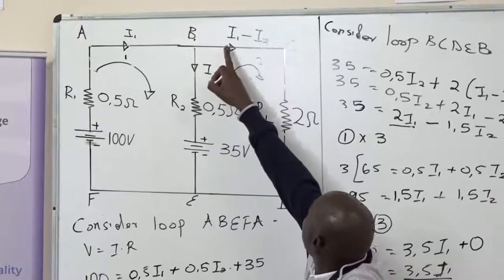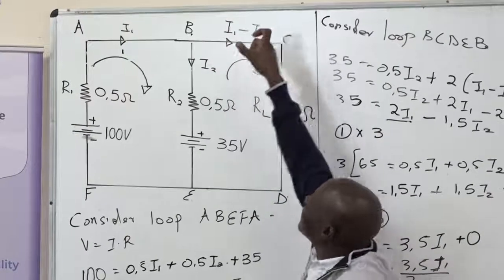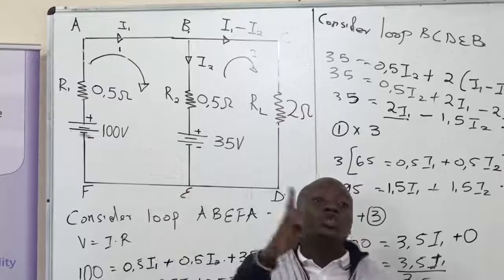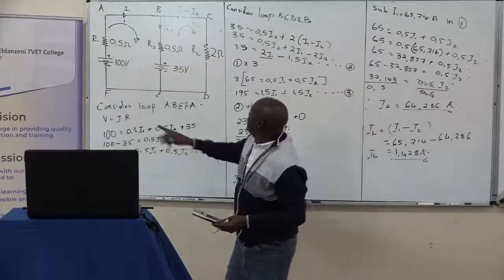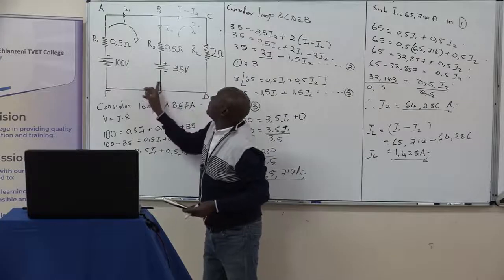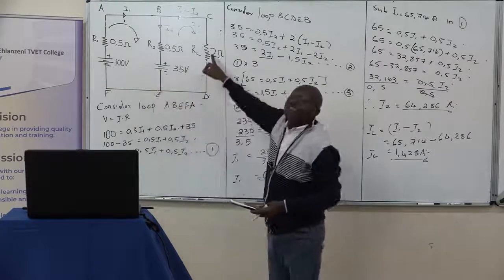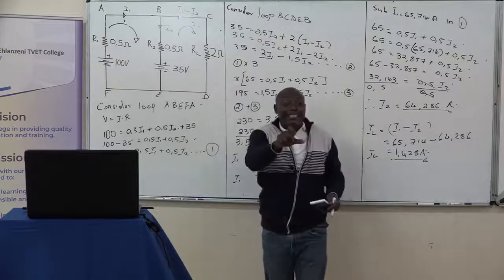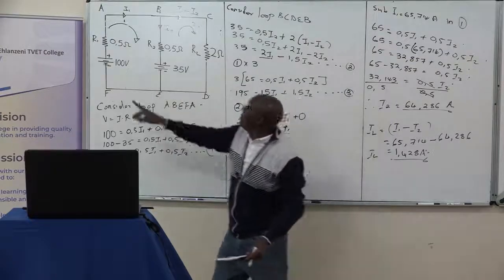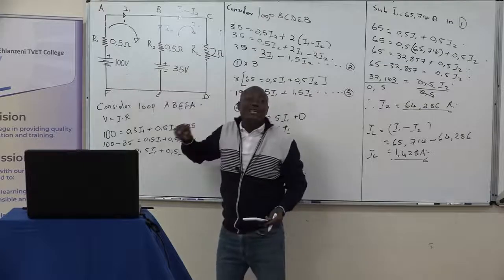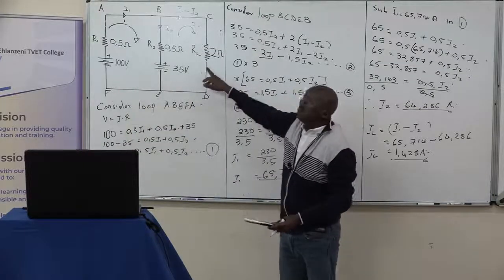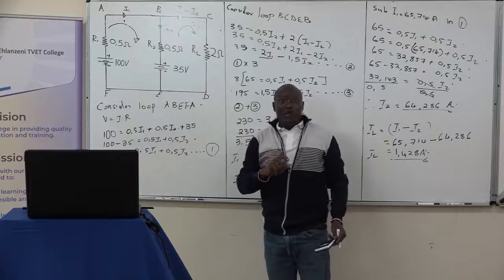So it means that we get the value of I1 minus I2 as less than those two values. The reason is that these two batteries, battery A and battery B, are supplying the R load.